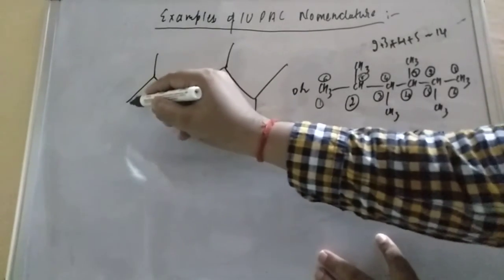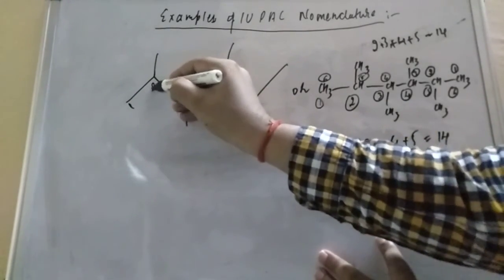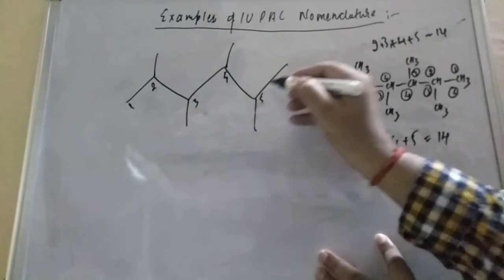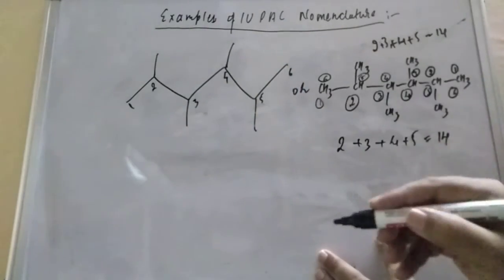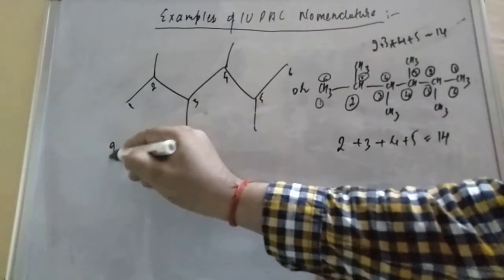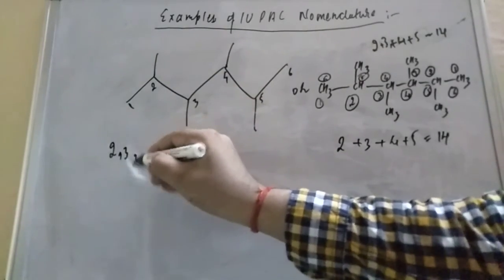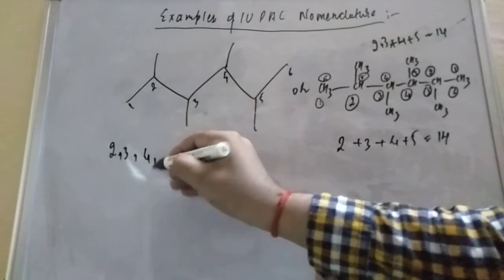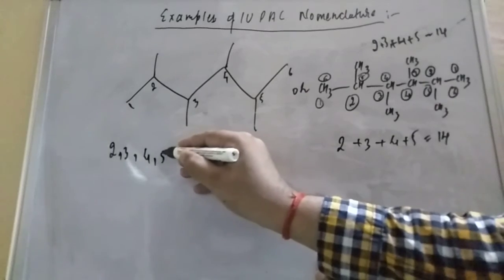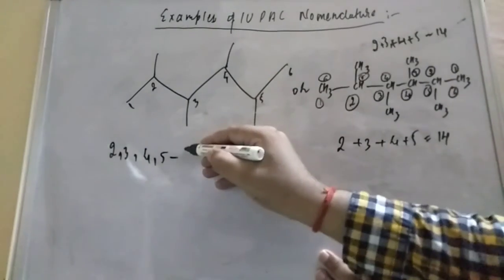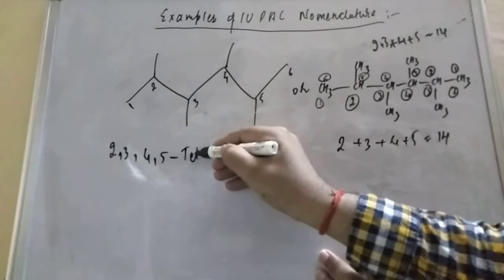So suppose we are going here: 1, 2, 3, 4, 5 and 6, student. Now do the numbering. On second position a methyl group, third position again methyl group, fourth position again methyl group, fifth position again methyl group. Dear student, if 4 times anything is coming, we use the term tetra.